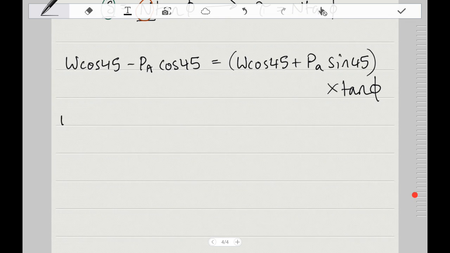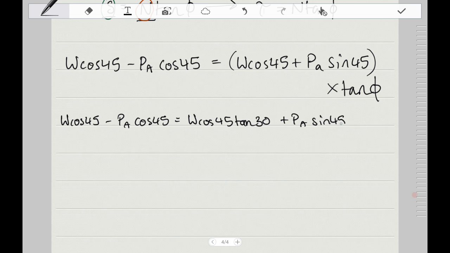W cos 45 minus PA cos 45 equals W cos 45 tan phi plus PA sine 45 tan phi. I'm going to expand the brackets on the right hand side. We know that phi is 30, so I'm going to plug it in: W cos 45 tan 30 plus PA sine 45 tan 30.